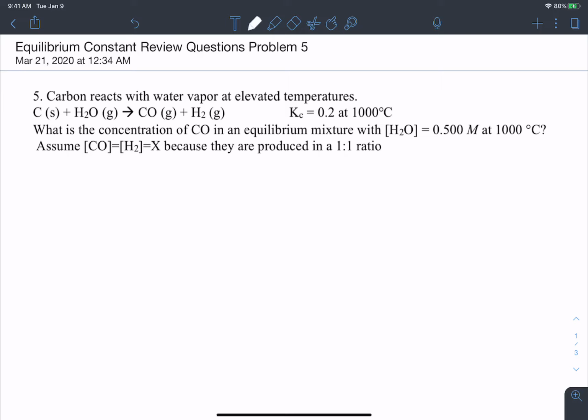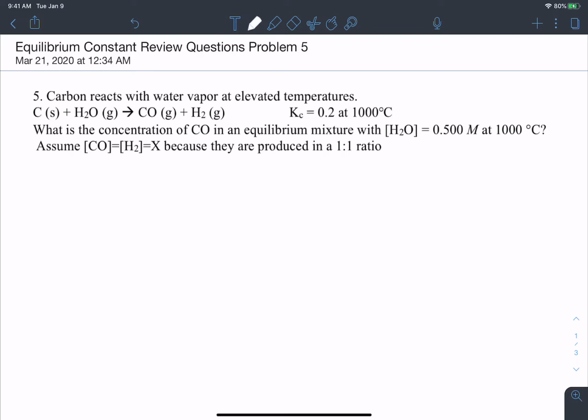Today we're taking a look at problem 5 from the review questions in this module. And the problem reads, carbon reacts with water vapor at elevated temperatures. We're given an equation, carbon solid plus H2O gas goes to carbon monoxide gas and H2. And we're told that the equilibrium constant, K sub C, equals 0.2 at 1000 degrees Celsius.